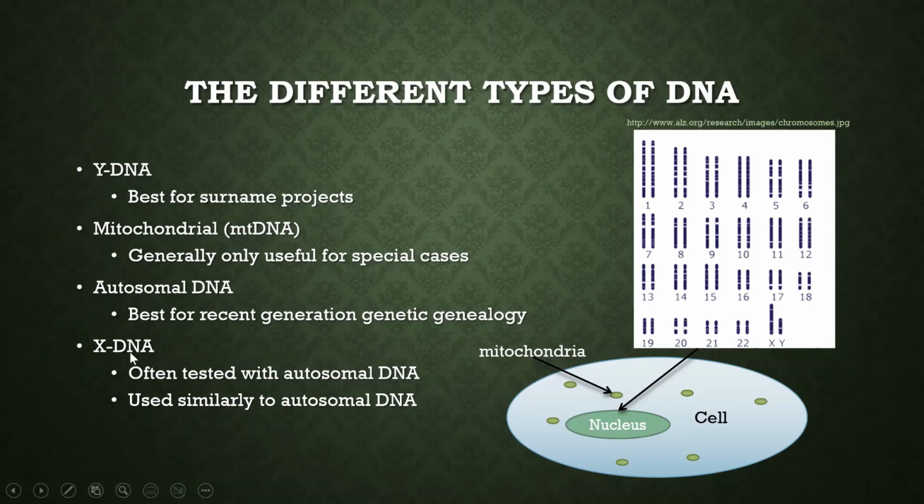And then finally, there's sometimes what's called xDNA. It's the other chromosome that's part of that 23rd pair. It's usually tested alongside autosomal DNA, and it's inherited somewhat similarly to autosomal DNA, so it's oftentimes lumped in with autosomal DNA, but it does have a few unique characteristics that are slightly different.